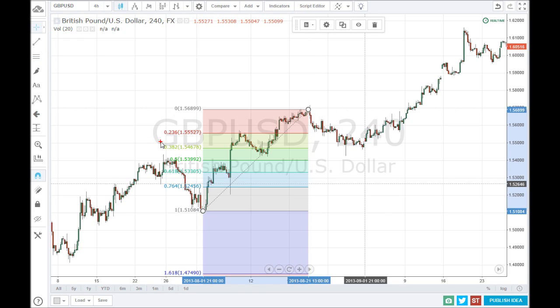We will look at our three main levels. You'll notice our first level, 0.382, is reached. Price is rejected. We have an engulfing candle, a bullish engulfing, and then price reverses and goes for another push.